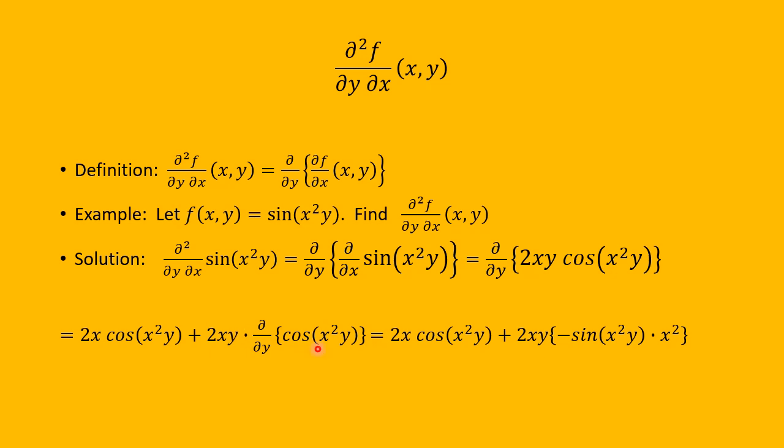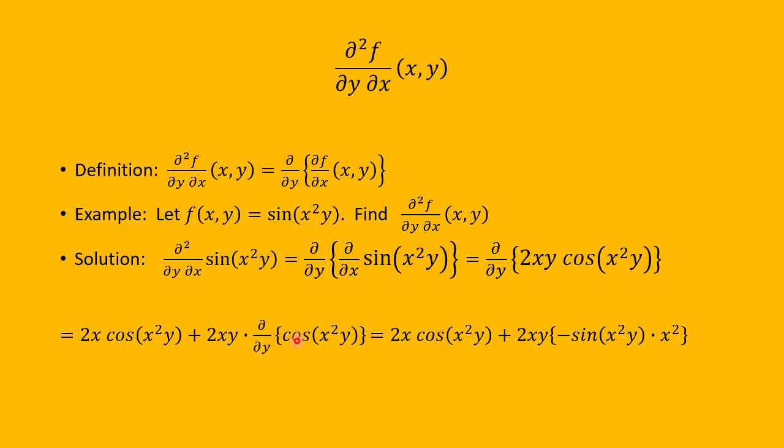Now, in this term over here, we need to evaluate this partial derivative with respect to y of this stuff. Well, once again, let's use what we know about taking partial derivatives with respect to y. We'll treat x like a constant, and thus we'll treat x squared like a constant.